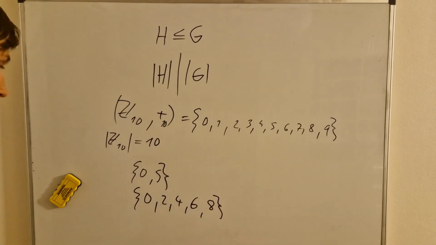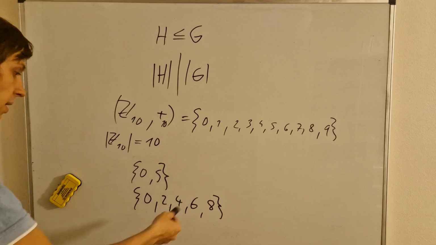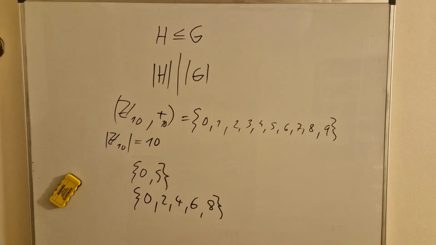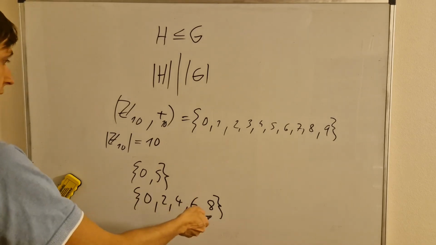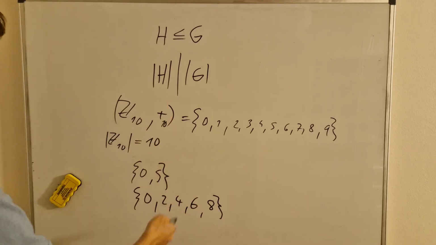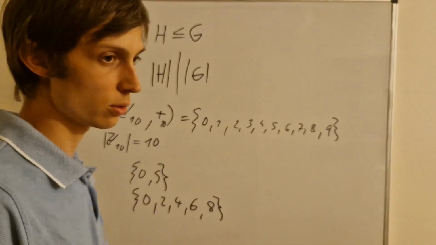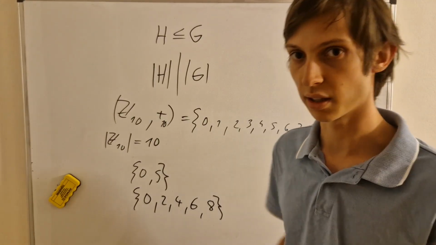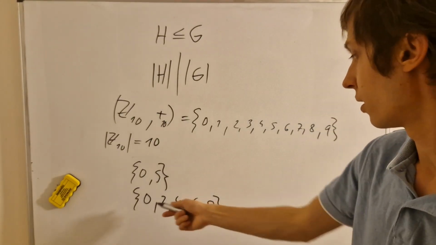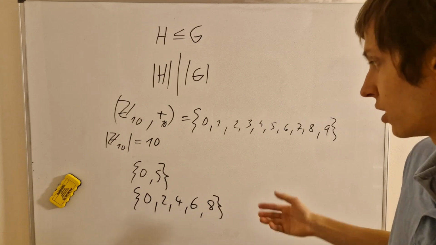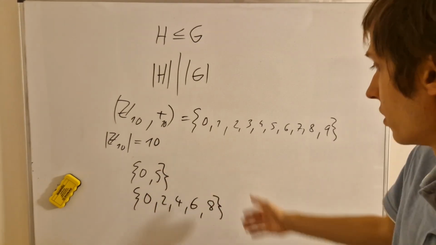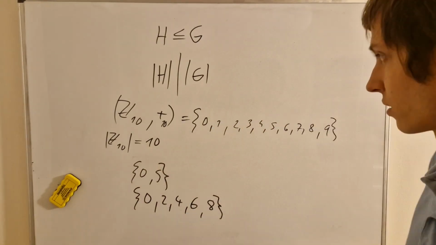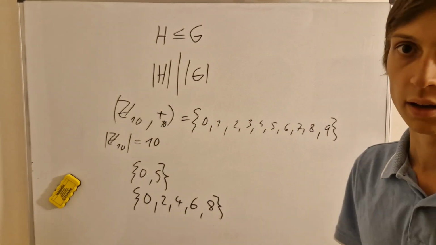We can see that if we add any two elements, it will end up again in the group, especially under modulo 10. So 4 plus 8 under modulo 10 addition is 2, again ending up in the group, and so on. If we look closer at this through a number theoretical lens, we find an exact reasoning for it. Both are subsets of the underlying set of the Z10 originally.